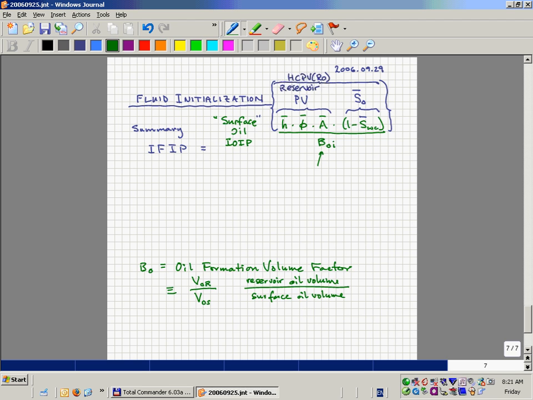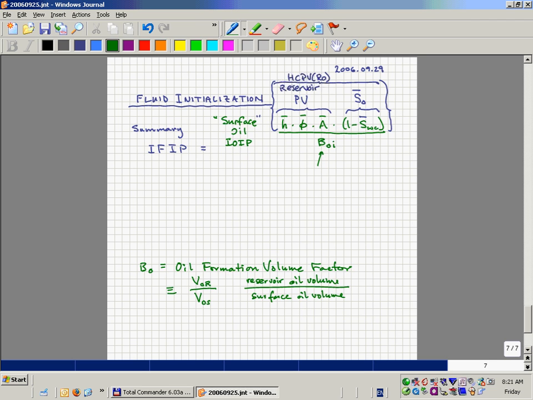And then we say that whatever is not water is hydrocarbon. And since we're looking only at the oil right now, we're looking at the oil saturation. And of course the oil saturation in this piece of chalk is 0. Of course so there's no oil and there's no water.